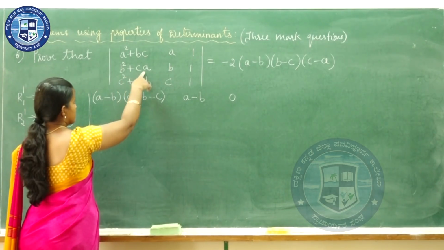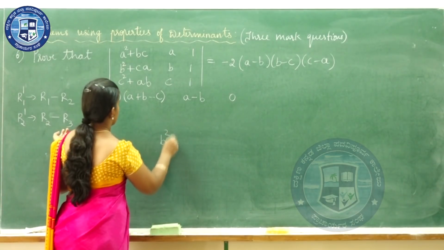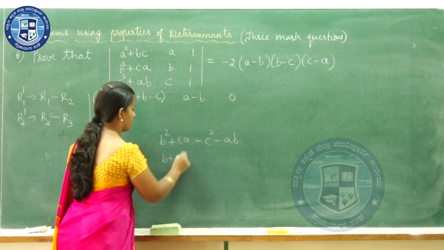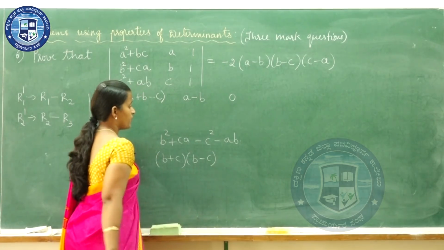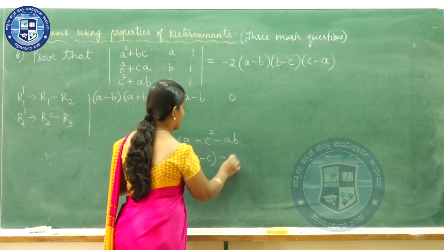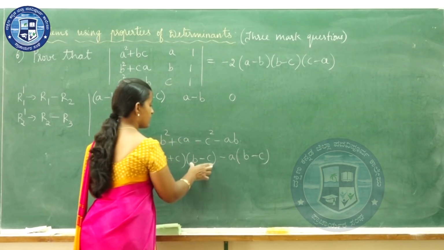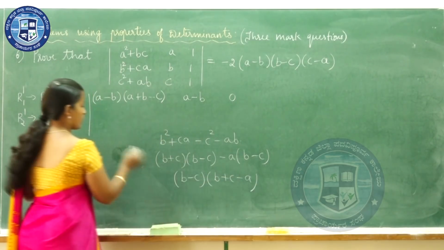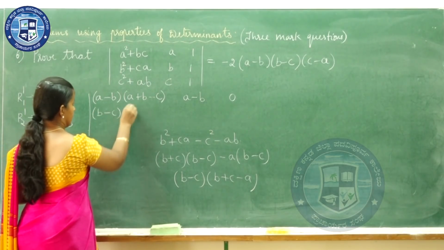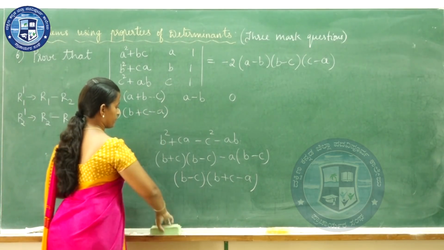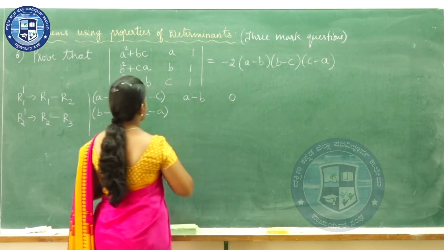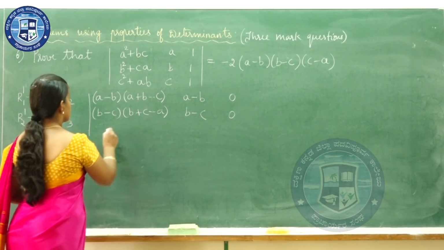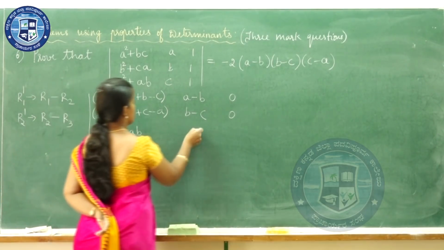So when you do B square plus CA minus C square minus AB, B square minus C square can be written as B plus C into B minus C. Then A is common, take out minus A, you will get B minus C. Now B minus C is common, what remains is B plus C minus A. So I will write B minus C into B plus C minus A. So here we have B minus C, then we have 0, 1 minus 1 is 0. The third row as it is C square plus AB, C and 1.